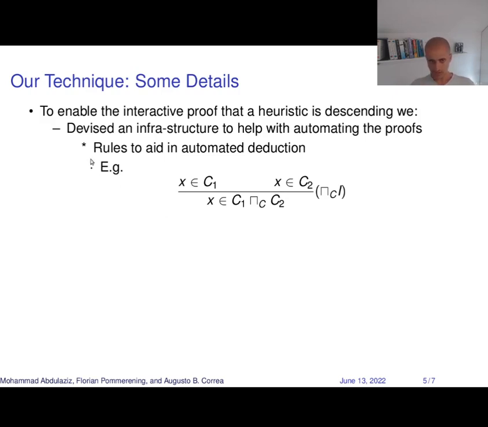So, for instance, we have proved this rule for named concepts, namely that you can prove that an object X is in the intersection of 2 concepts if you can prove that X is in the first concept, and if you can prove that X is in the second concept. And this is equivalent to conjunction introduction from propositional or predicate logic, for example.